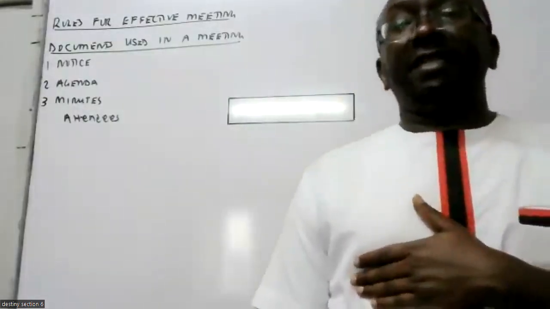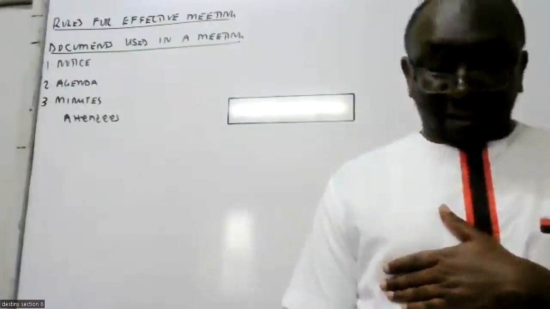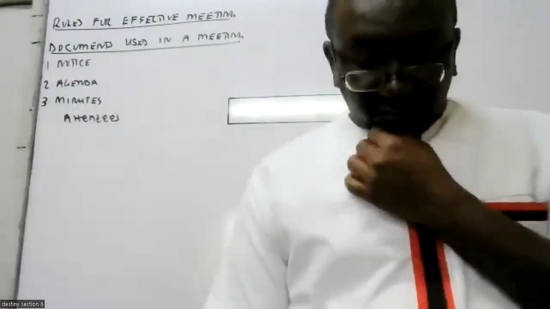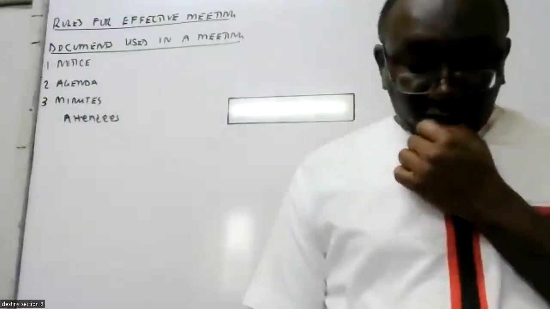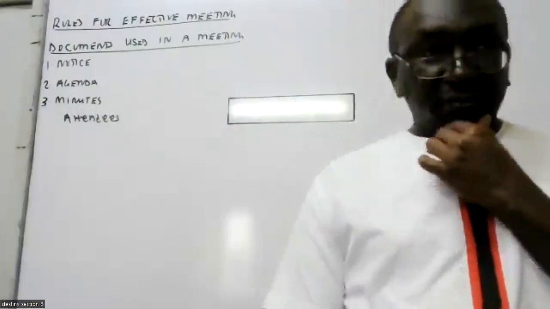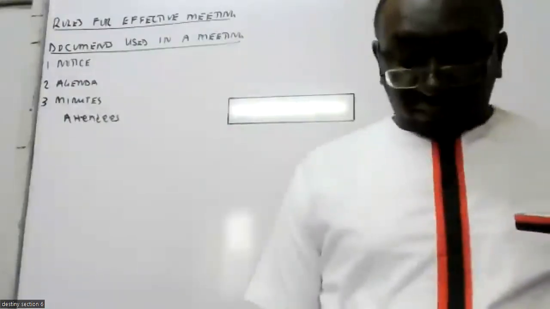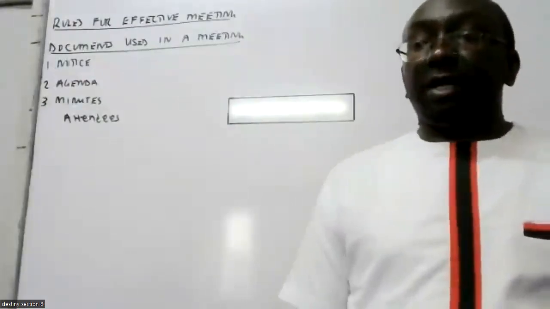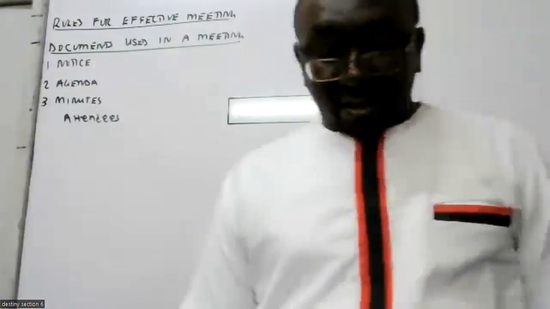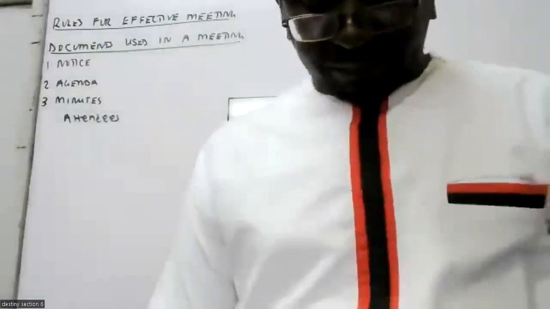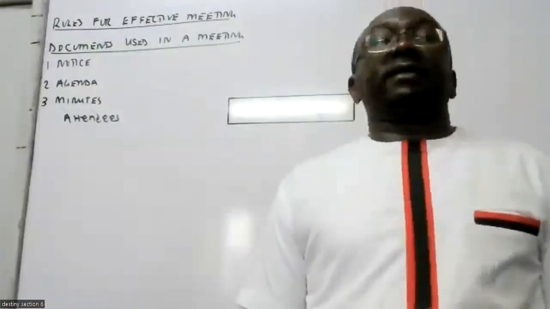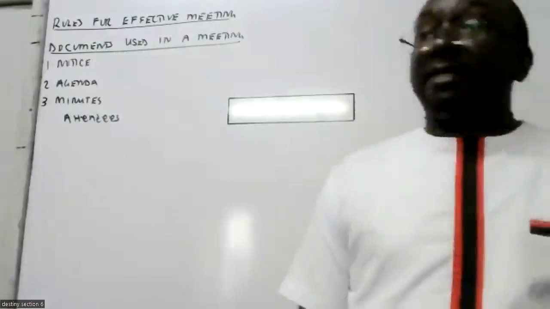Number three is brevity. Number four is self-explanatory. Number five is numbered. So we're saying when you write minutes, the minutes should be well numbered.